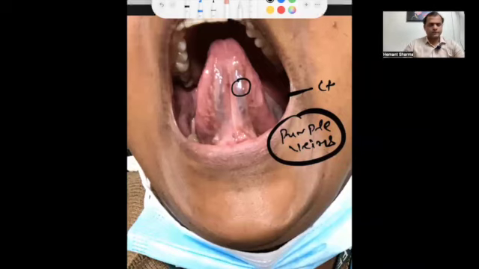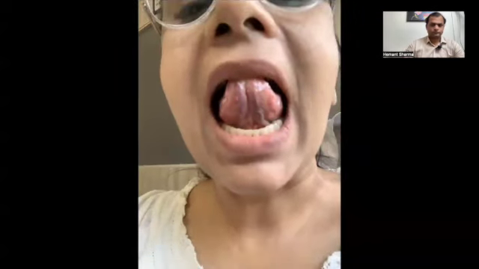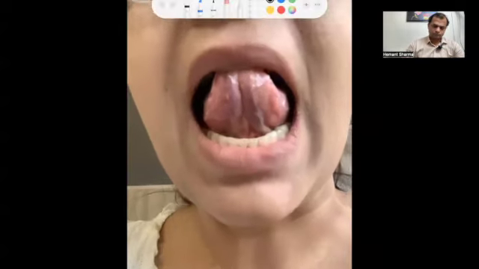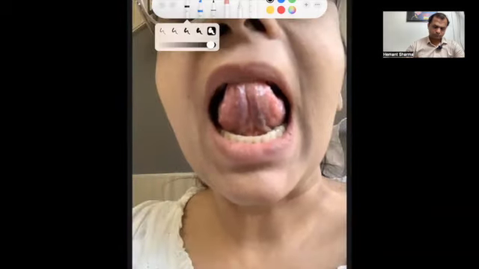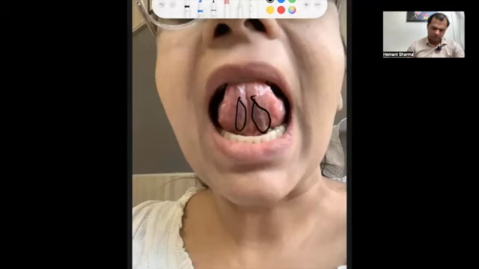So now look at this tongue. We can see the purple vein on the right side, and even a purple and distended vein on the left side.